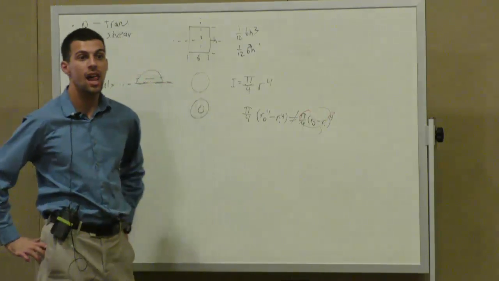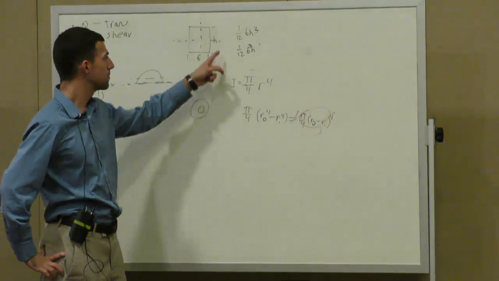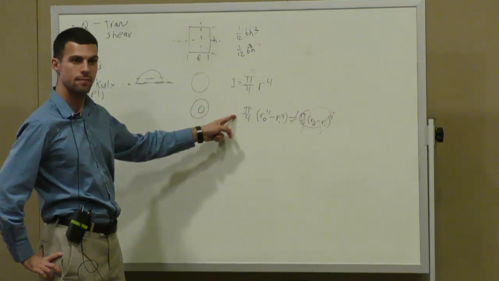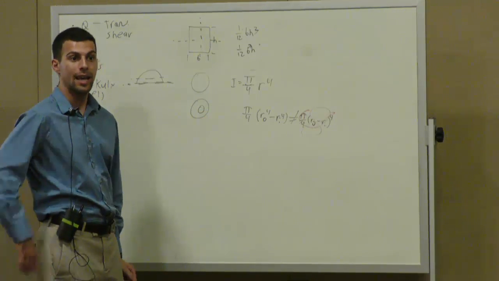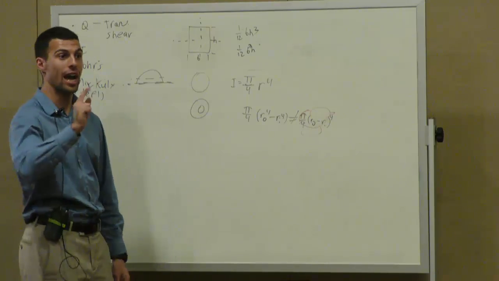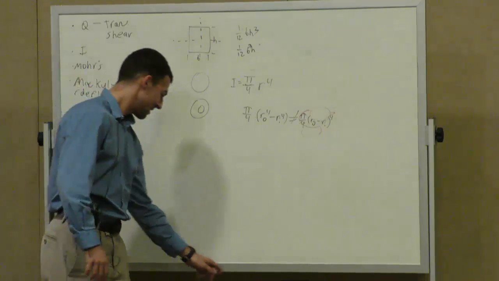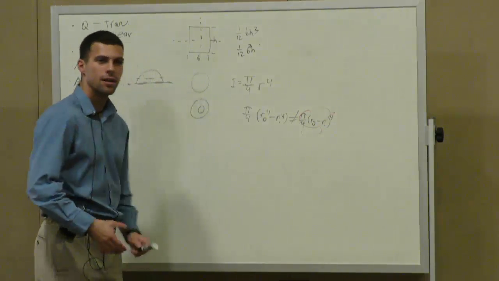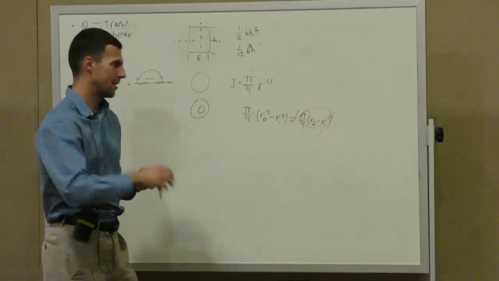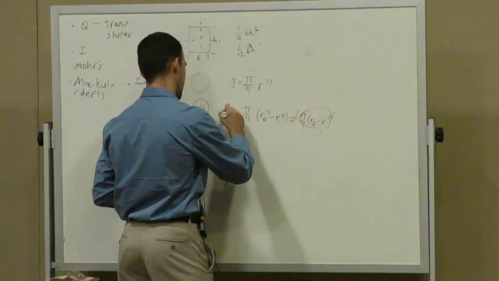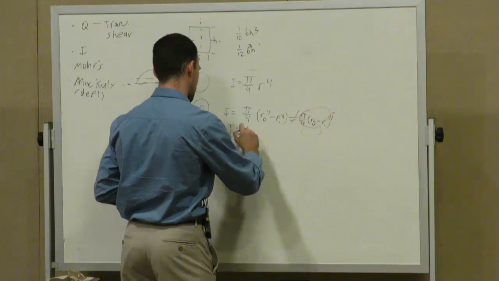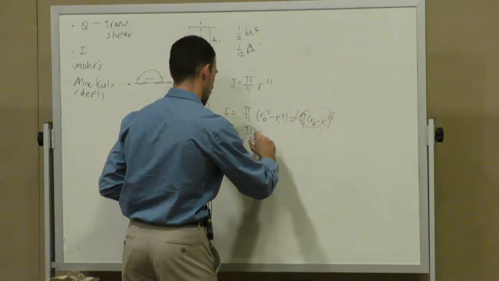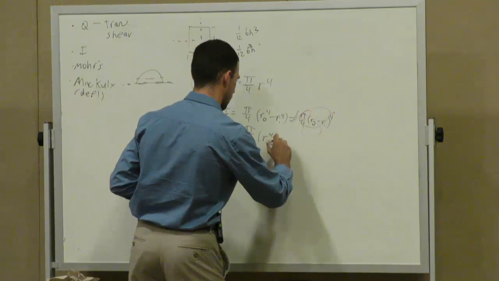Yes. It does look really similar to J. What is J? There we go. So I is 1/4. J is pi over 2 times r outer to the 4th minus r inner to the 4th.